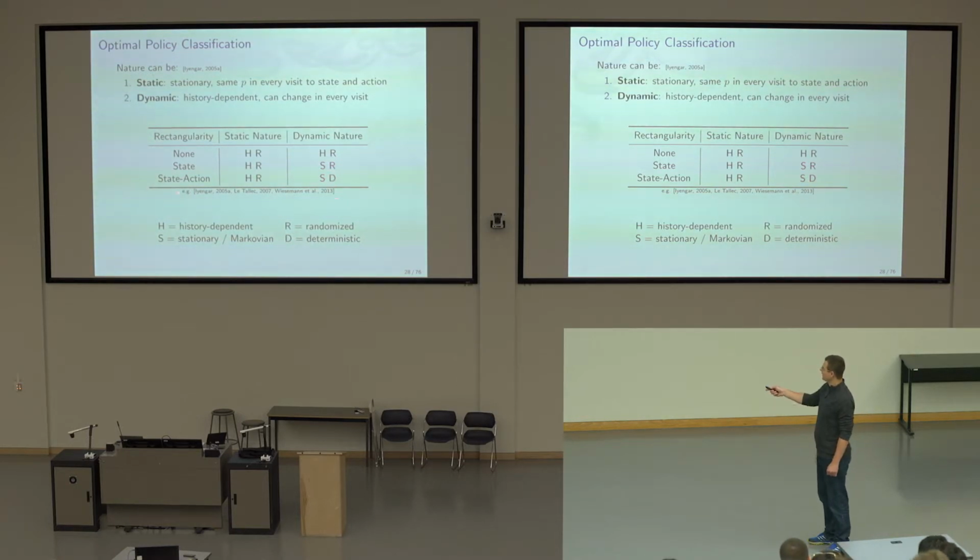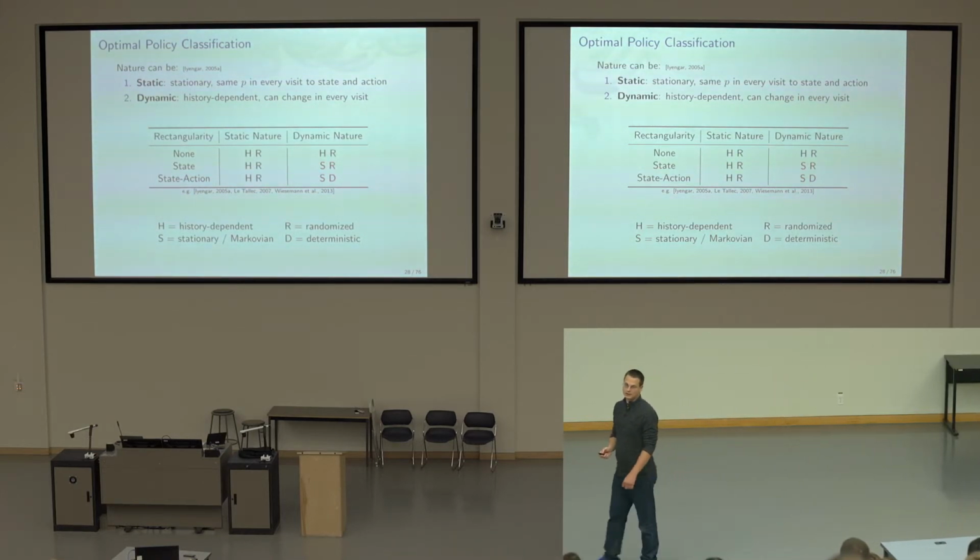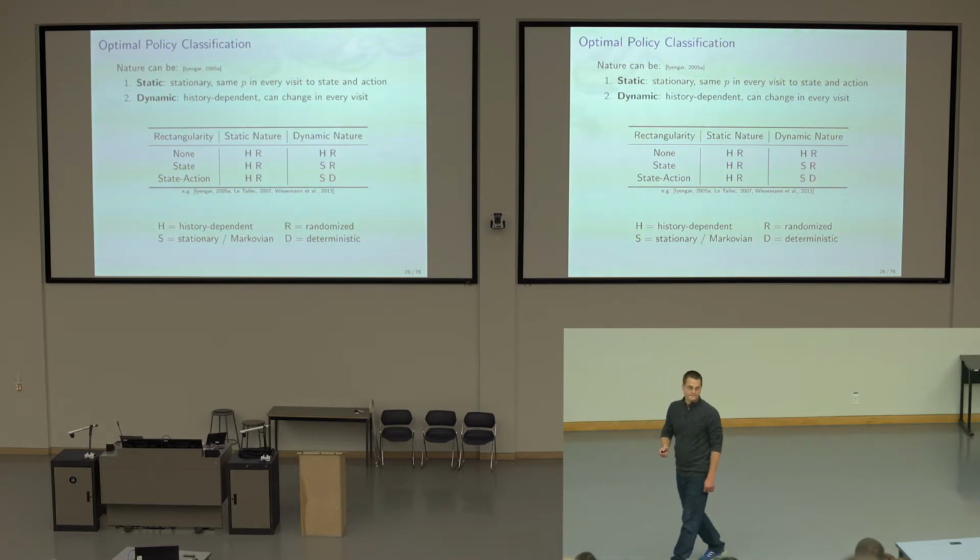So for state action rectangular robust MDPs, the optimal policy is stationary and deterministic. For the state rectangular policies, we'll see an example, and the optimal policy is stationary and randomized. Any questions?